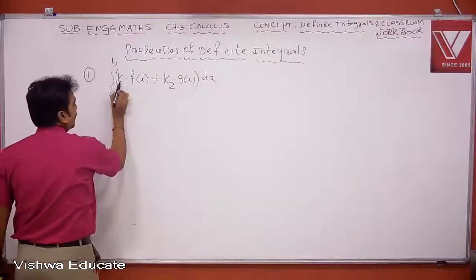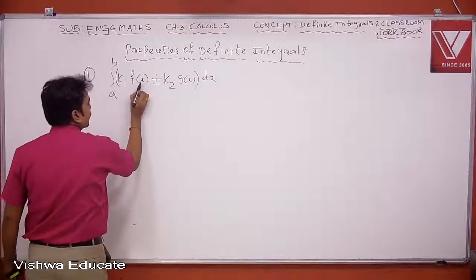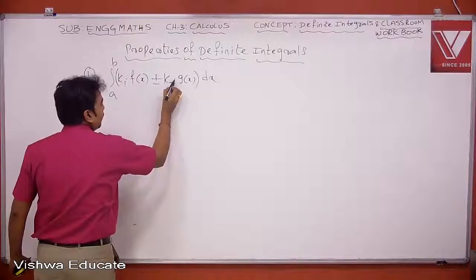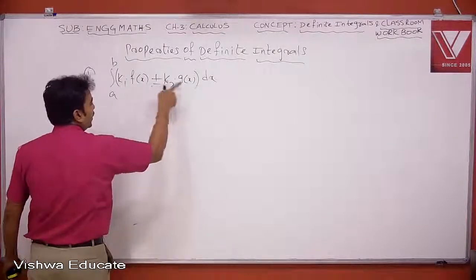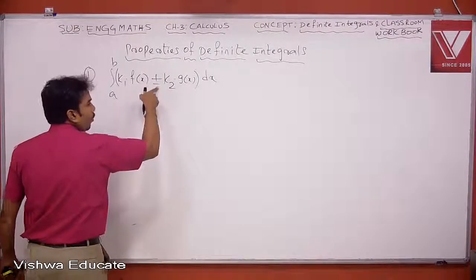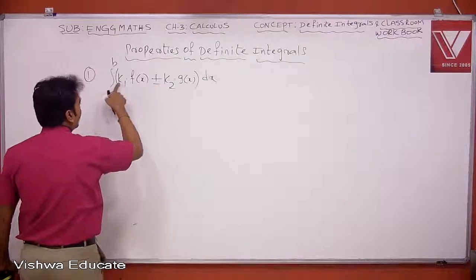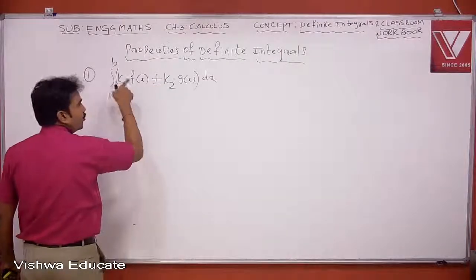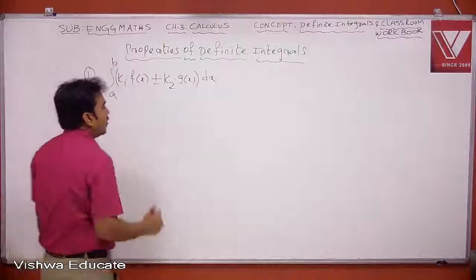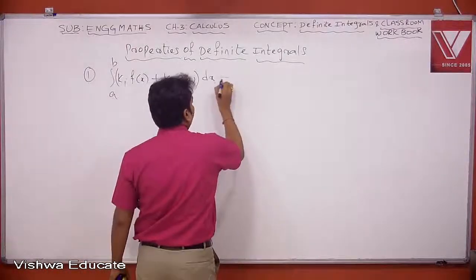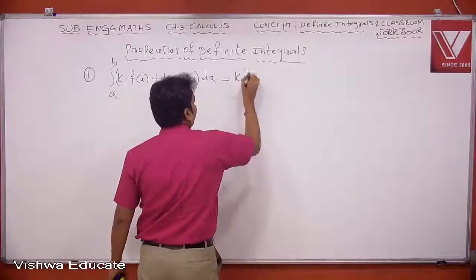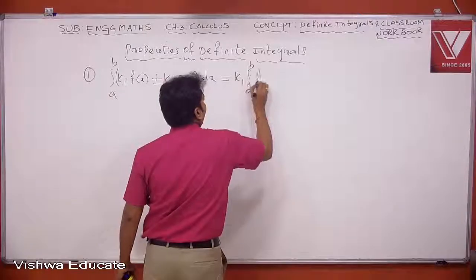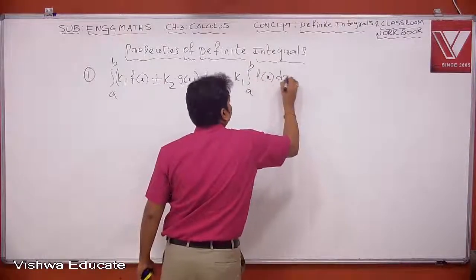Here k1 is some constant multiplied with function of x, and k2 is a constant multiplied with function of x. In between these two, we have either plus or minus. Generally, when functions are multiplied with constants during integration, they can be taken before integrals. They do not affect integral values. So this is k1 times integral a to b f of x dx.